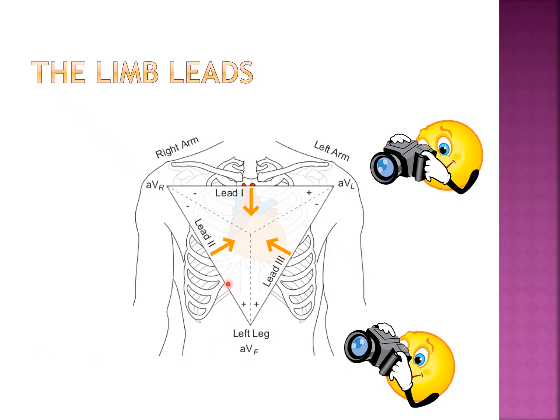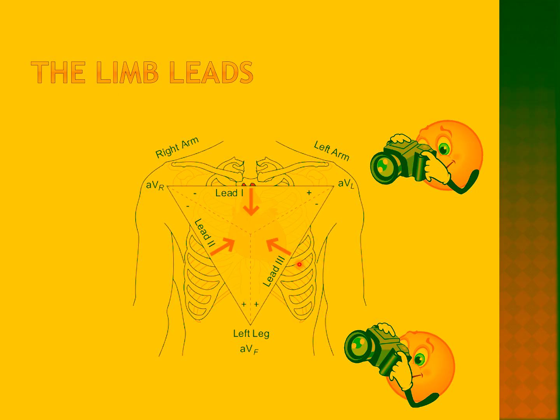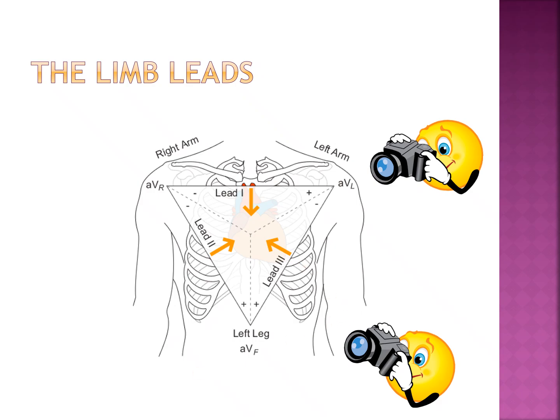Generally, the electricity should be traveling toward the camera, and if it does that, then of course we have a positive deflection in our QRS complexes. So in normal looking 12 lead EKGs, and you can go back and look at a normal 12 lead EKG, we should have a positive deflection in lead 1, lead 2, and lead 3. And then we go to the augmented vector leads.